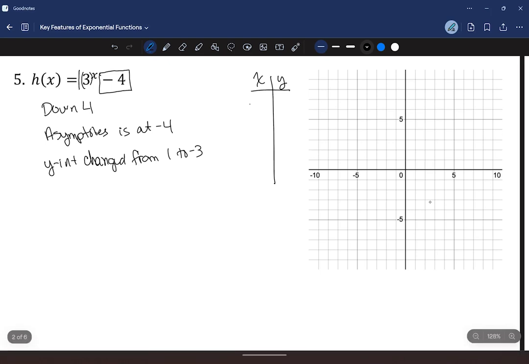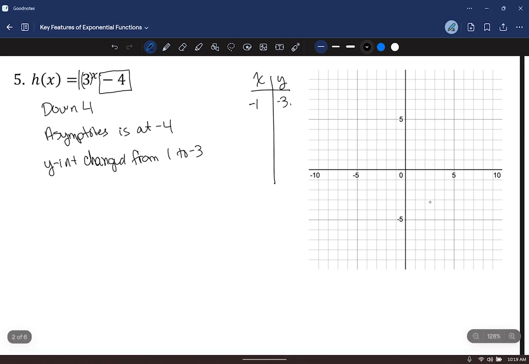So I have (-1, -3.7), (0, -3), (1, -1), and (2, 5). Now remember, you have an asymptote there at -4, so make sure you don't cross that there.